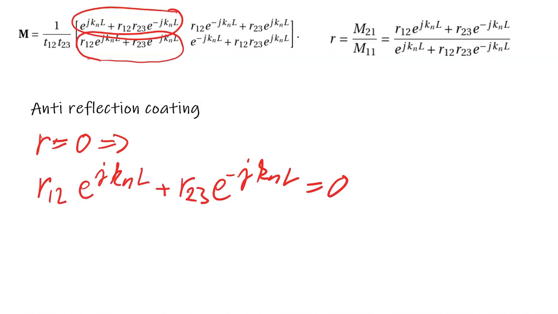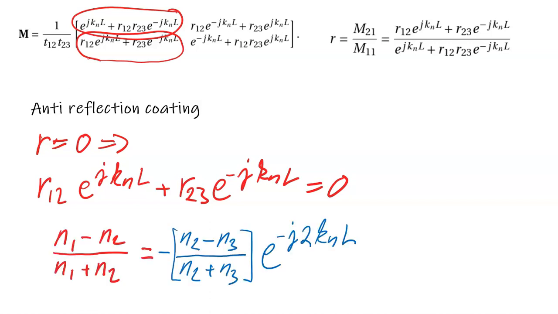In direct incidence, we can write the reflection coefficients as... we are seeking a real solution for this equation, and therefore the complex phase factor should be either plus or minus 1.